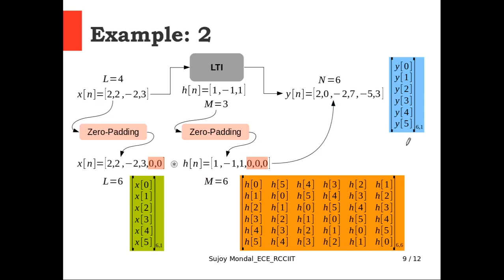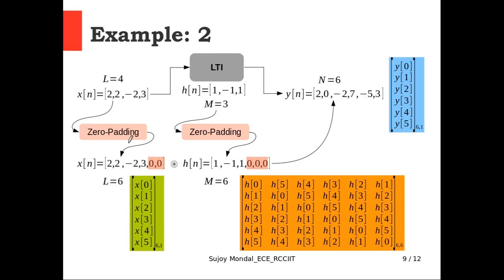Now example 2, where we achieve the same answer through circular convolution. How is it possible? The sequence length is 4, so the input signal length is 4, and the impulse response length is M equals 3. If we do linear convolution, we find this answer. Now we will solve it through circular convolution.